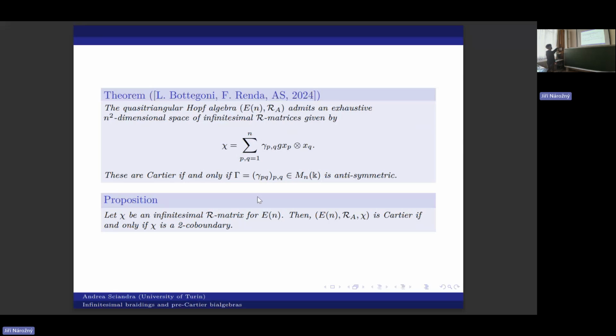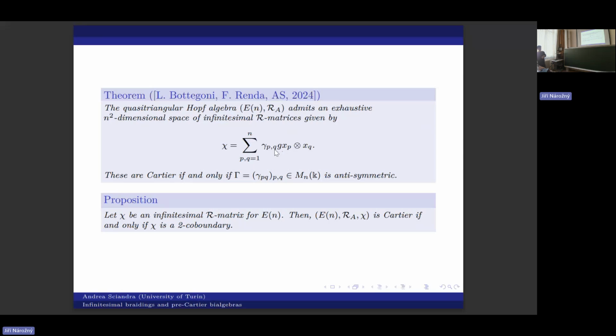You can see that this is a sum of these tensors here, where we have x_p tensor x_q, and p and q go from 1 to n. So these pre-Cartier structures are associated to a matrix of these coefficients gamma. And these are Cartier if and only if this matrix is antisymmetric.